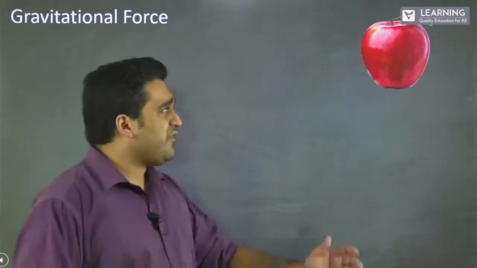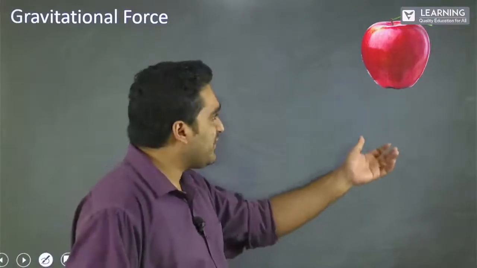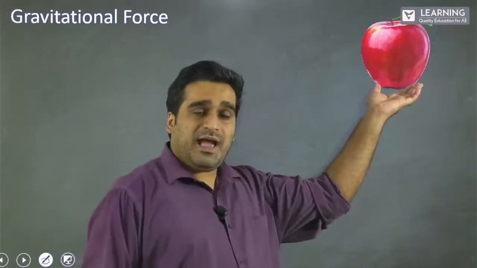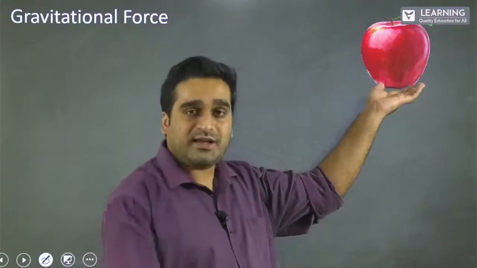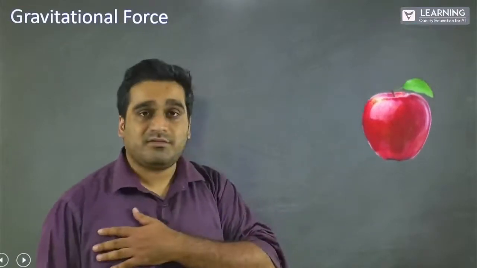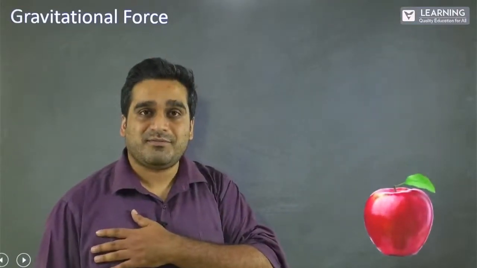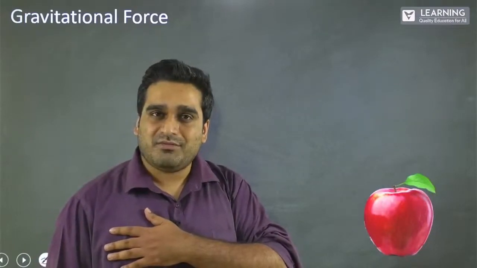Let's take the case of an apple, which is here towards your right-hand side, my left-hand side. Currently I'm holding this apple at a certain height above the ground. But when I let go of the apple, what happens? The apple falls to the ground. Did anyone push the apple below?